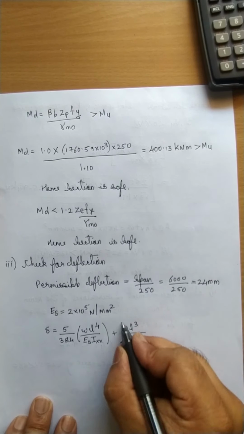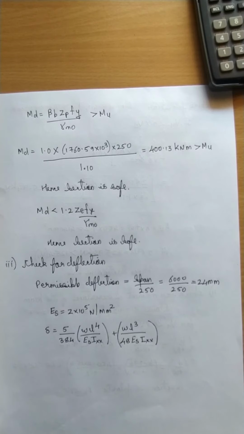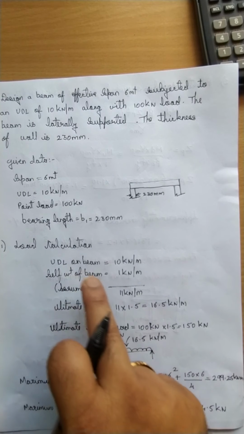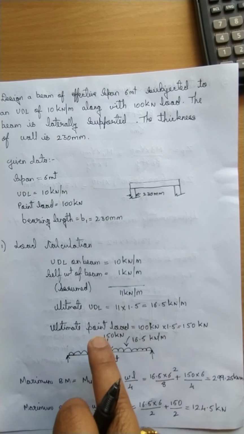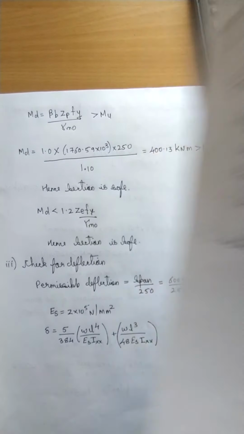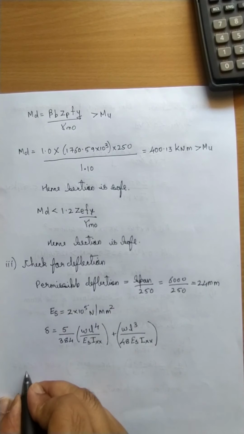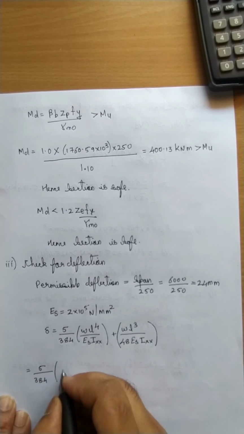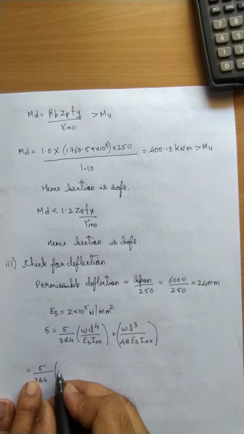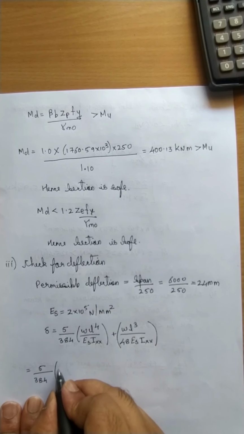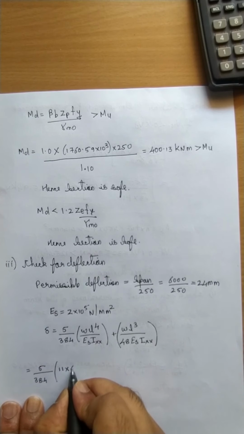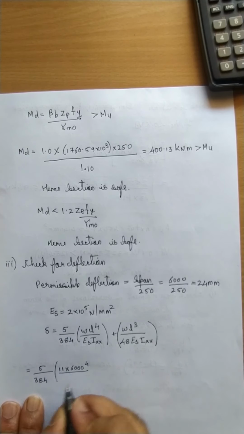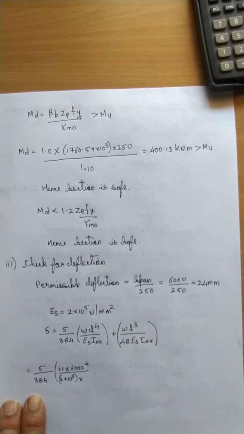Now remember this W is the unfactored load. So let us check what is the loading. The unfactored load for UDL is 11 kN per meter and the point load is 100. Let us compute this. 5 divided by 384 into W, which is 11, into 6000 raised to 4, divided by ES into IXX.